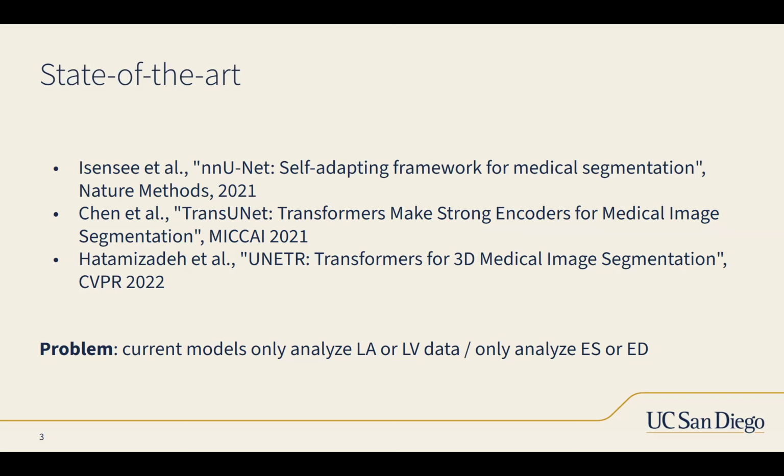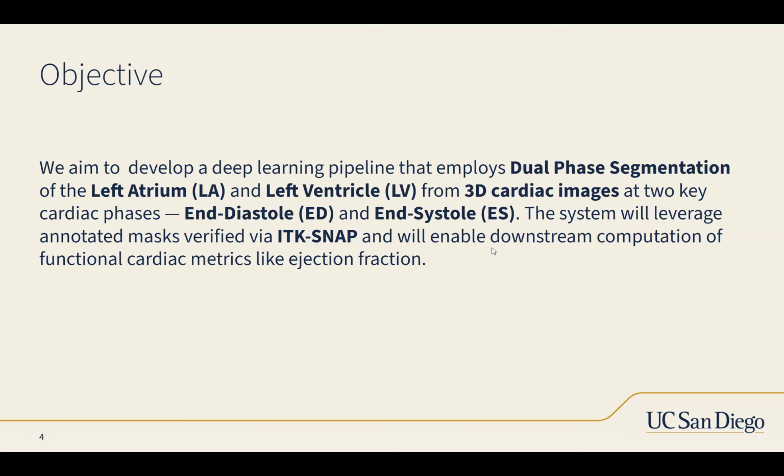So our objective is to develop a deep learning pipeline that employs dual phase segmentation, which would include data from both the left atrium and the left ventricle, as well as take into account the end diastole and end systole data for 3D cardiac images.